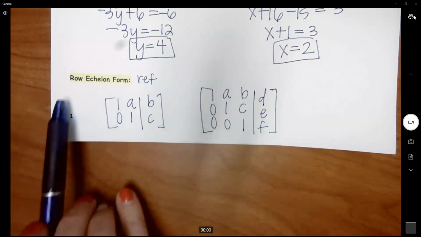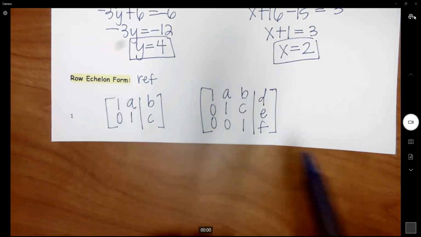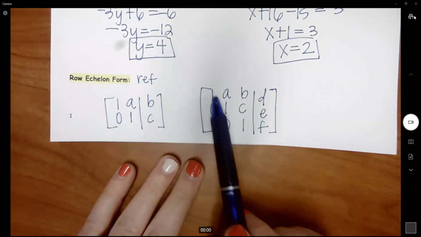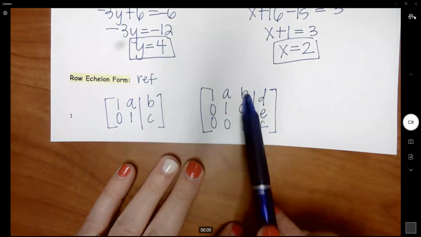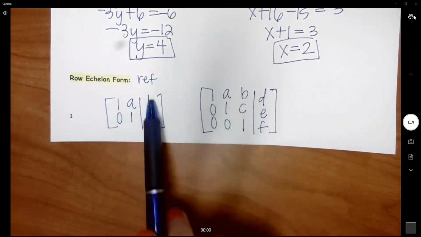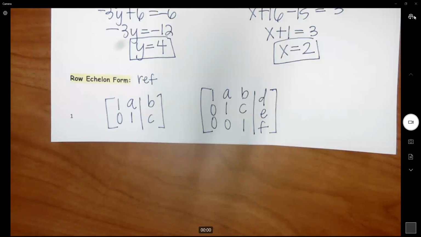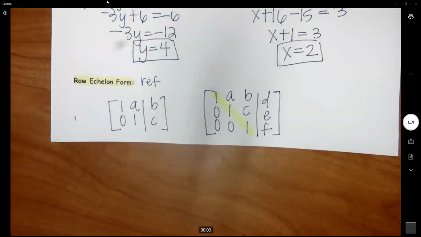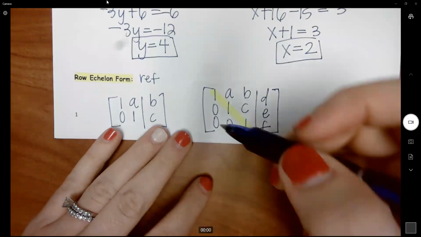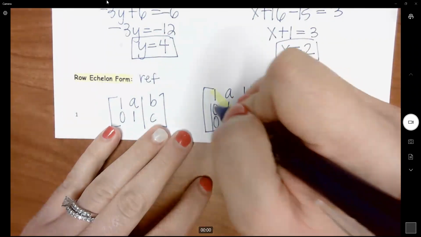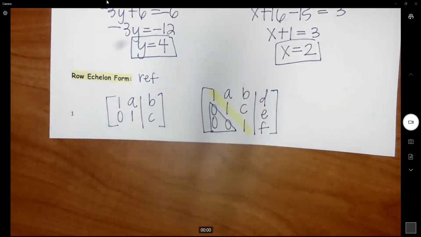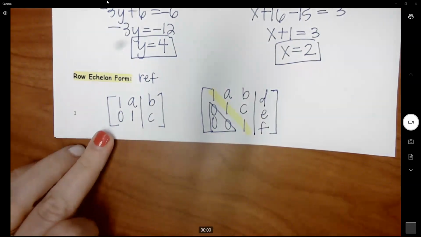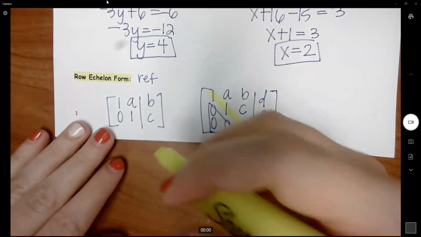So what you're looking for when you're looking for row echelon form: first off, we have these zeros, these ones, and then the A, B, C, D, E, F, and just the A, B, C over here. Those are numbers. What you're looking for is a diagonal of ones, and below that diagonal of ones, you have a triangle of zeros, which is essentially what's happening over here, just on a much smaller scale.